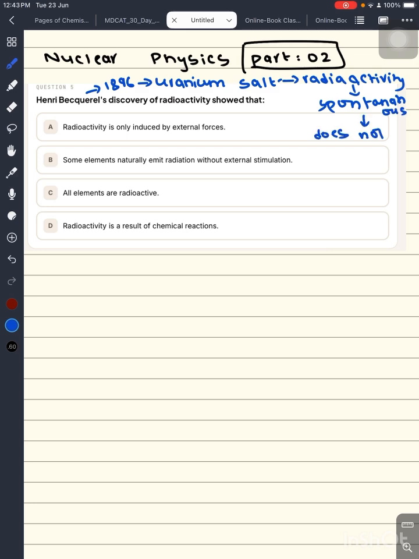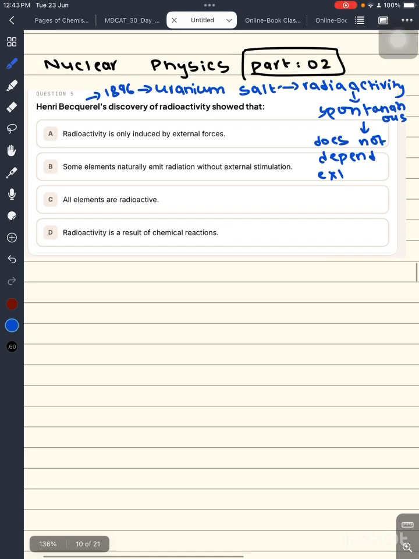Does not depend upon external factors, such as what? External factors are pressure, temperature. So these are the external factors. It is independent of the external pressure. Let's read the options. Radioactivity is only induced by external force?